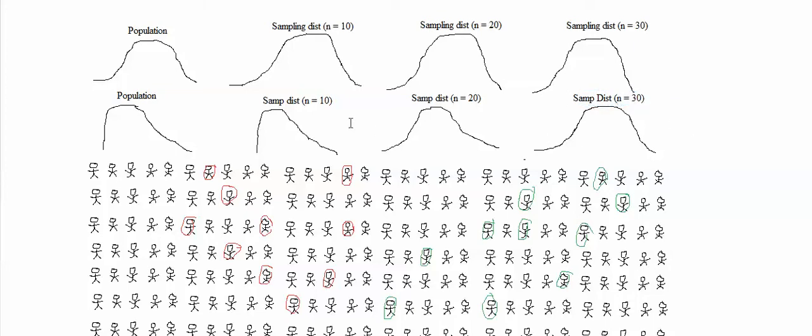Now you can imagine that it would be a lot of work to actually create these sampling distributions, because if the population is a city of 100,000 people, there would be many, many possible samples of 10 people. There might even be millions of possible samples of 10 people.